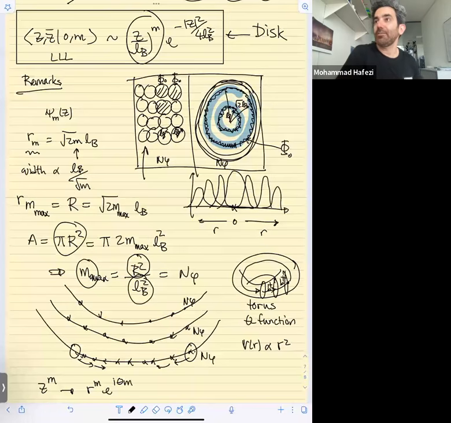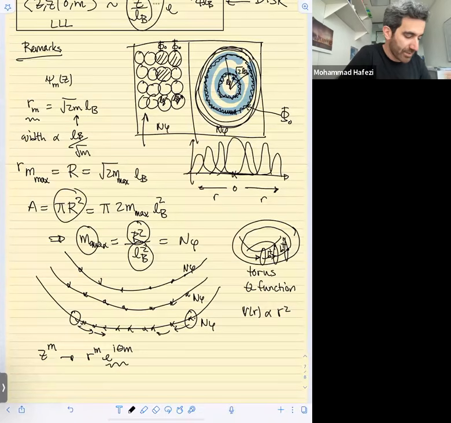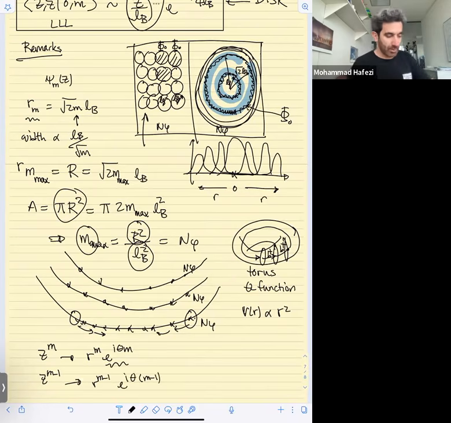It is exactly similar to the form of the wave function that I advertised in the beginning of the talk, one that winds m times. The next one, m minus 1, is r to the m minus 1 e to the i (m minus 1) theta. So this one winds m times, this one winds m minus 1 times.